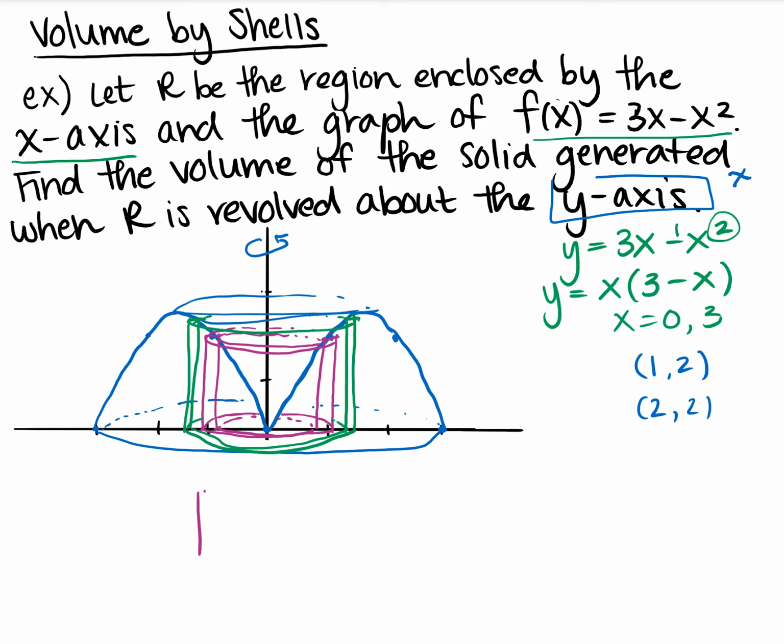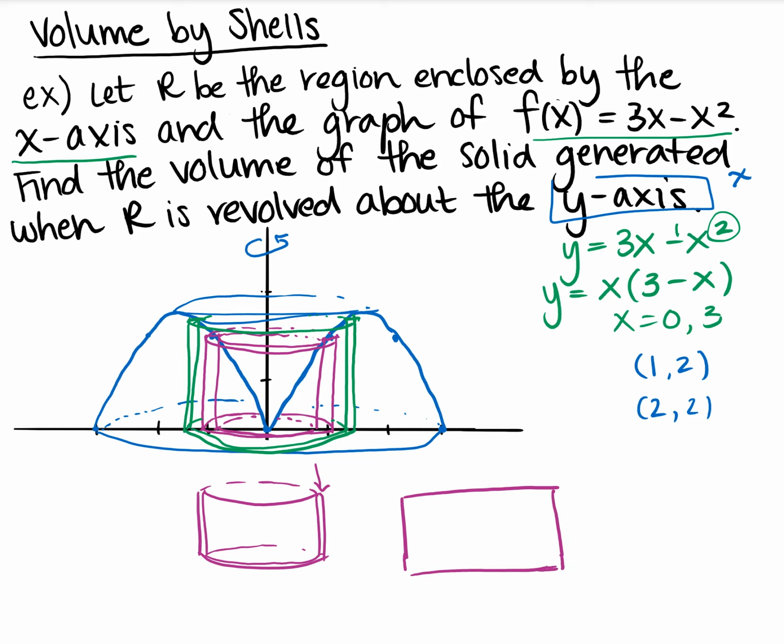So let's look at that pink shell there that I have. The way I like to think about this is if you took a soup can, and let's say you cut it down vertically one of these sides, and you opened it up. Basically what we're finding is the surface area of the cylindrical shell, because the width of this shell is just going to be my dx, because I'm going to have so many of them that the width of those shells is basically negligible.